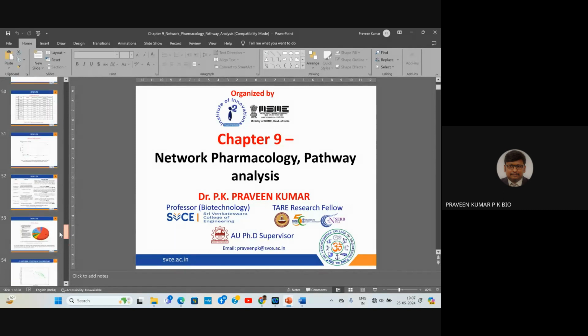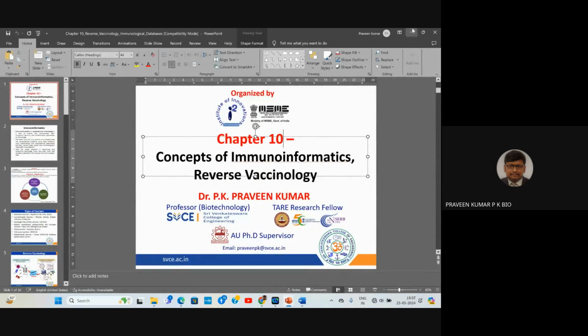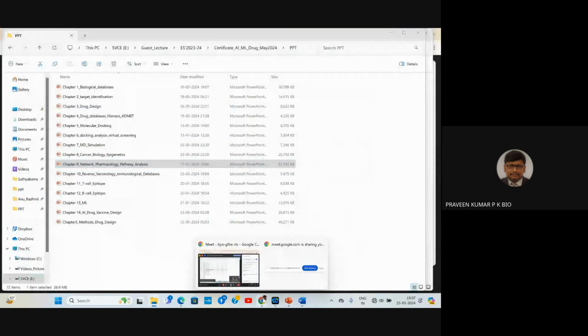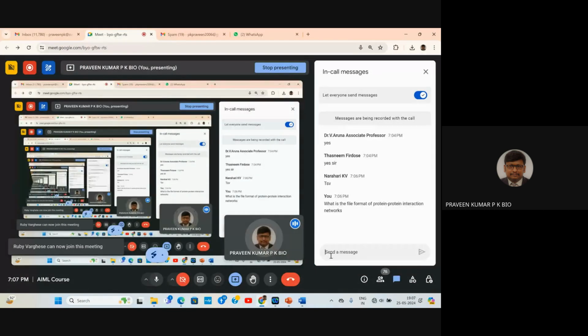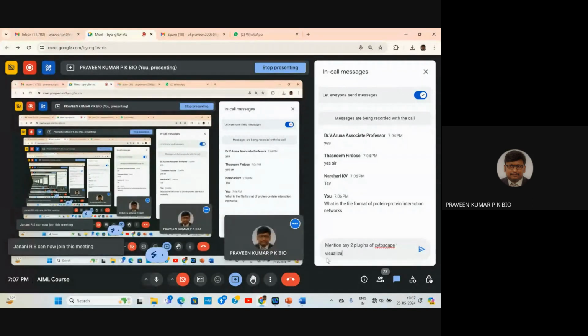I have shown you something related to. So whatever plugin, mention any two plugin examples for Cytoscape visualizers. Mention any two plugins. I'm not asking even for applications. If you know two plugins, you can mention.